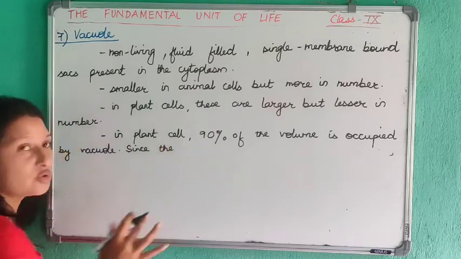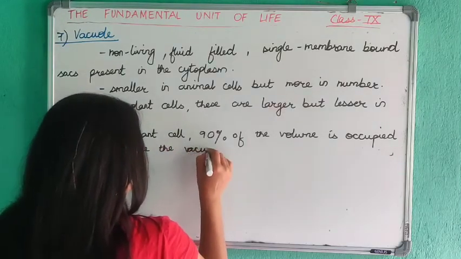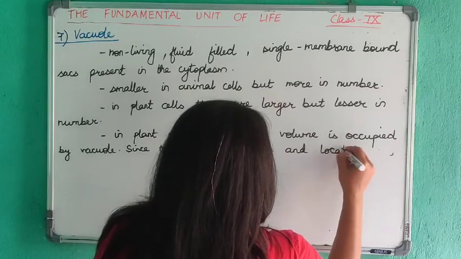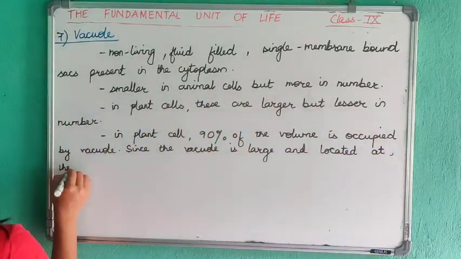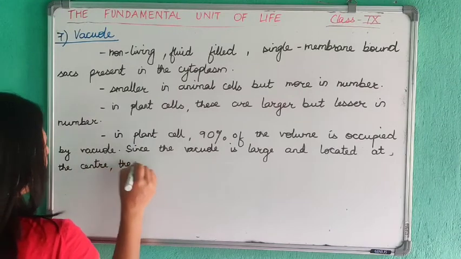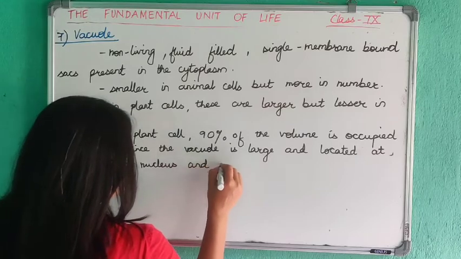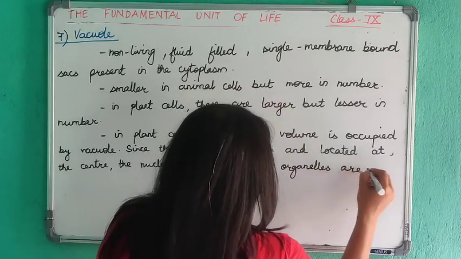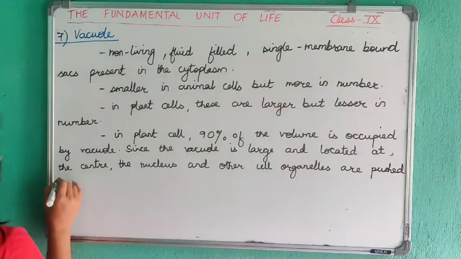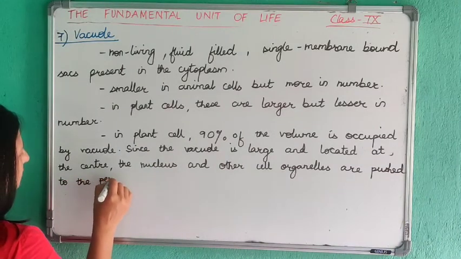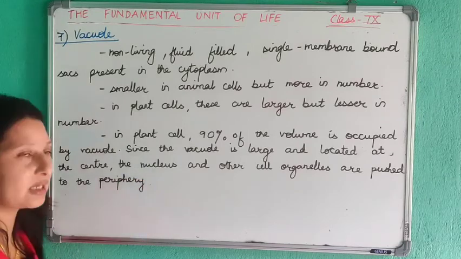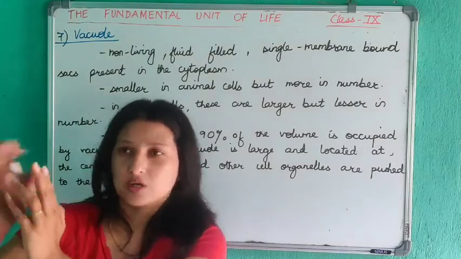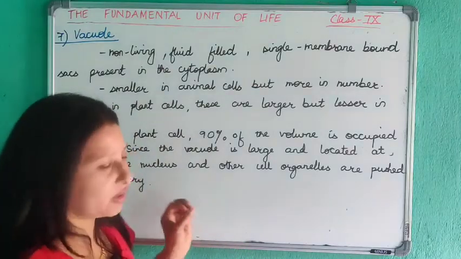Since the vacuole is large and located at the center of the cell, the nucleus and other cell organelles are pushed to the periphery. Because the vacuole is large and central, the nucleus and other organelles are usually pushed to the side because of the vacuole.